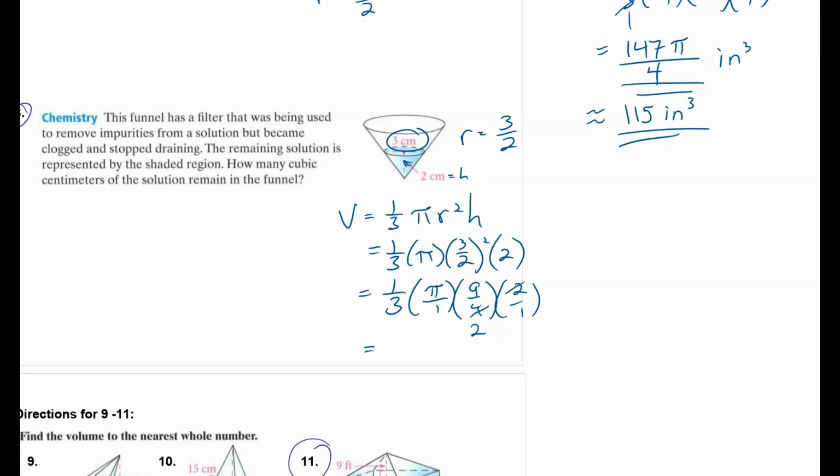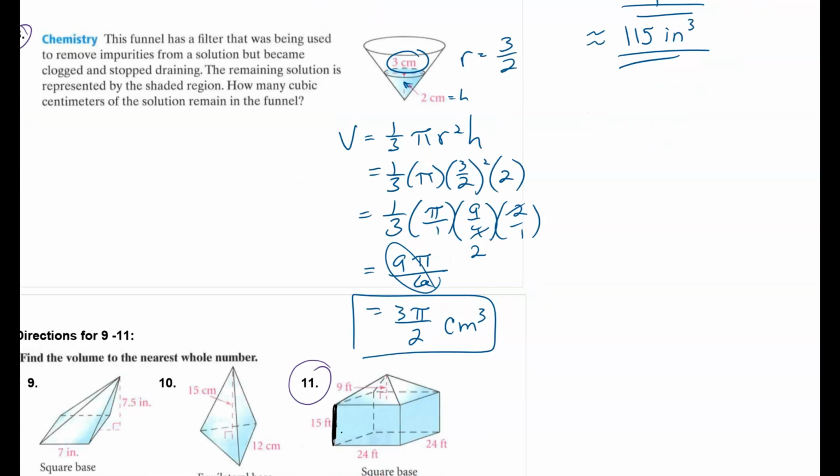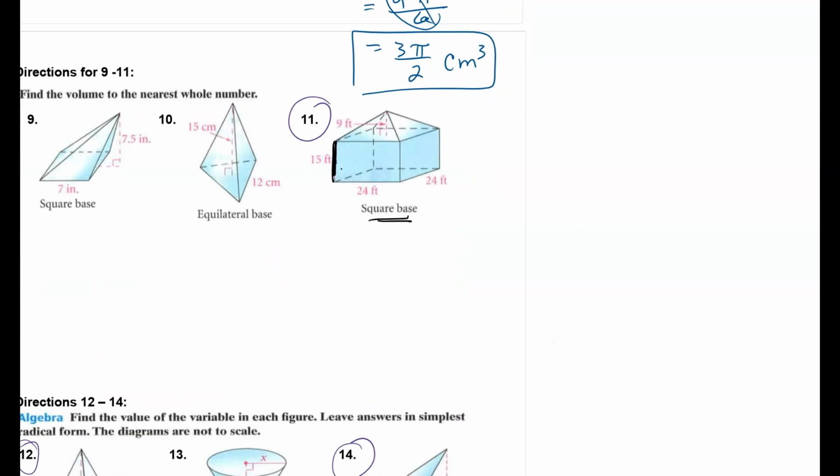Then you multiply the numerators together, and we get 9 pi all over 6. Oops, guys, I forgot to simplify. Oh, look, that becomes 3 pi over 2, and that would be in cubic centimeters.